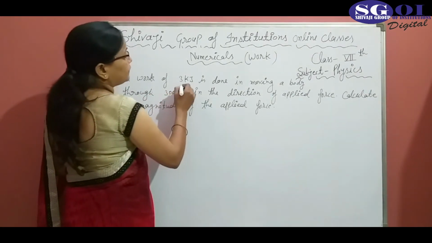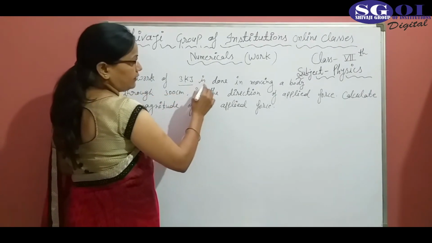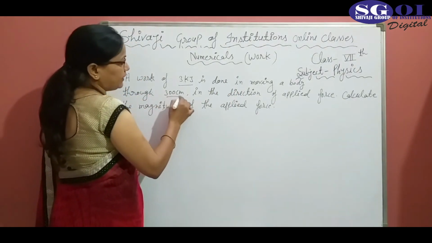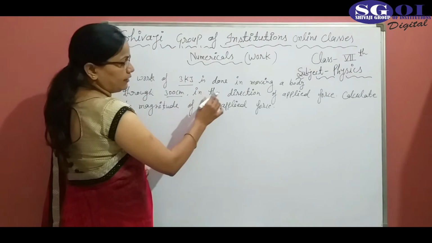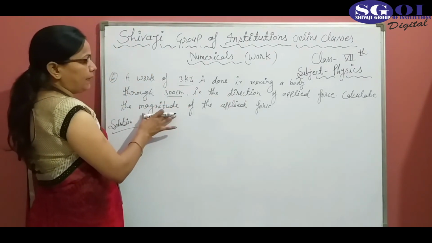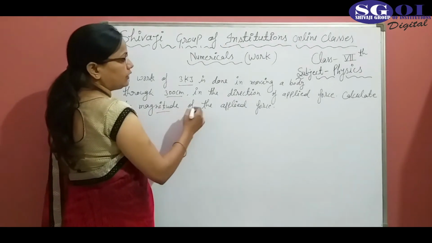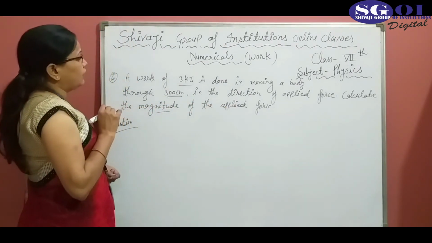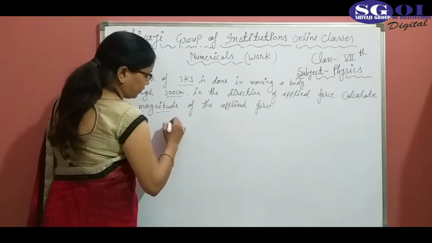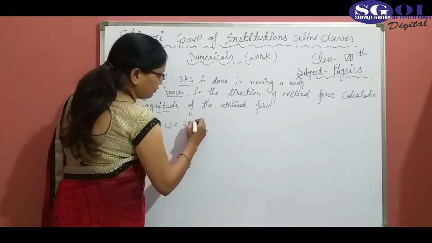A work of 3 kilojoule is done in moving a body through 300 centimeter in the direction of applied force. Calculate the magnitude of the applied force. Now student, in this question work is 3 kilojoule.